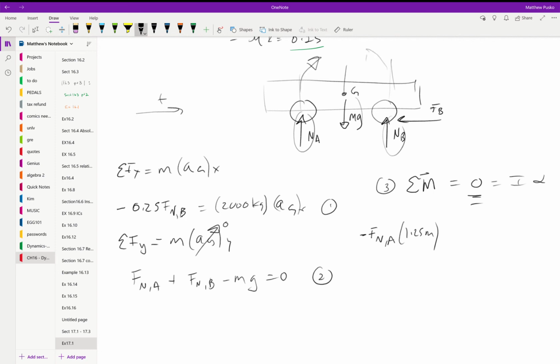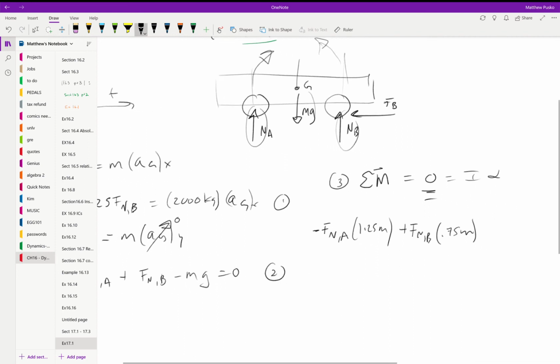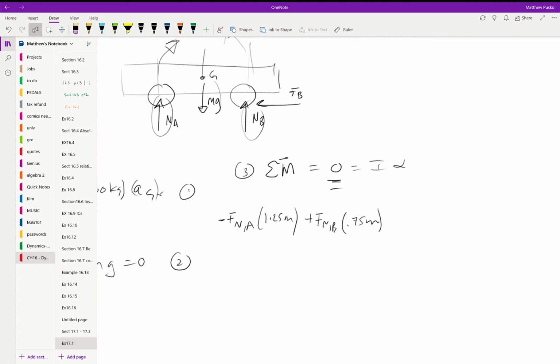B is going to be a positive sign because it would give us a positive rotation, acting at 0.75 meters. Now the one that is missed the most is the fact that this distance is 0.3 meters. So that's another negative: the force of friction at B times the 0.3 meters, and all that is equal to 0.